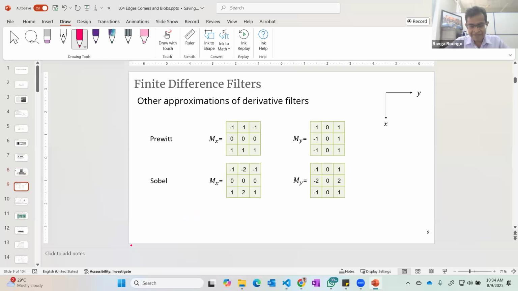And afterwards, we came up with these kernels called the Prewitt kernels and then the Sobel kernels. For example, if you take this Sobel kernel, it detects edges of this nature, right? This area is dark and this area is bright. These kind of kernels, these kind of edges.